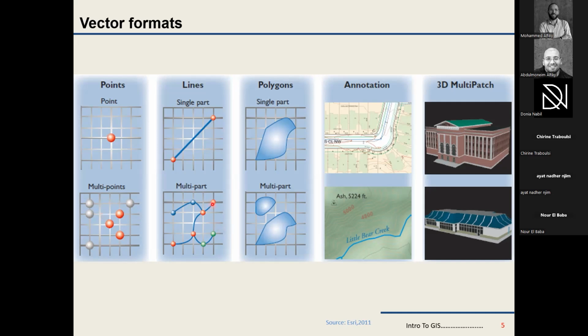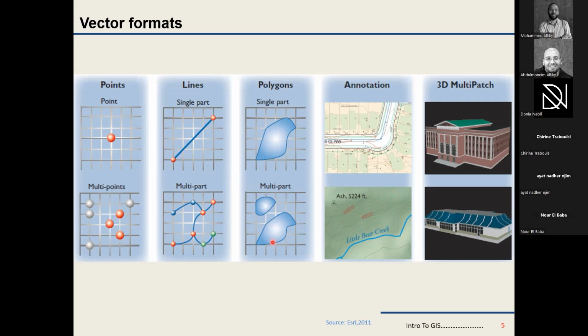We can have the same in lines. For example, here we can move the vertices of the line, and we can see this is one segment, second and third segment, but all the 3 segments will appear as one record. We can also see it in the polygon. Those 2 polygons appear as one record.